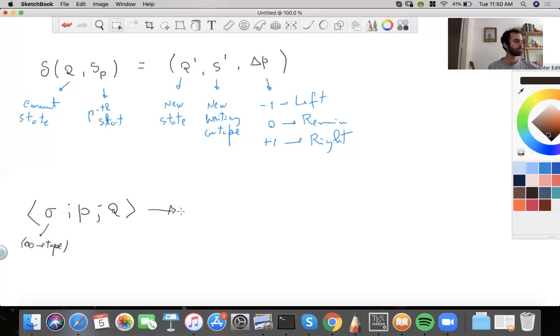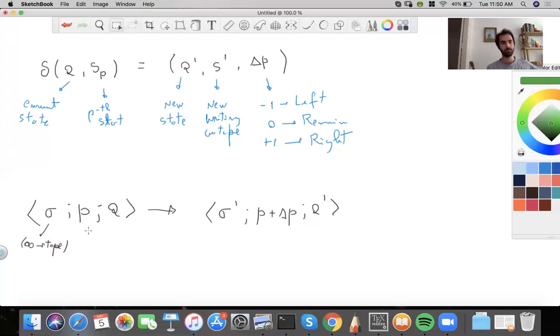It means that you're going to be sent to a new tape value, sigma prime. You're going to go to P plus delta P, which is either move to the left, move to the right, or do nothing. And you're going to have a new state Q prime. Okay. Now, this is one step of the computation, one step of the algorithm.